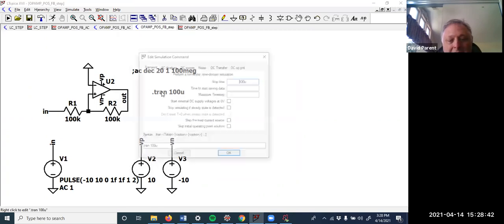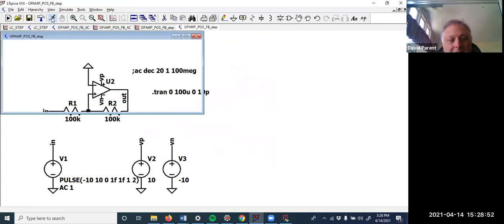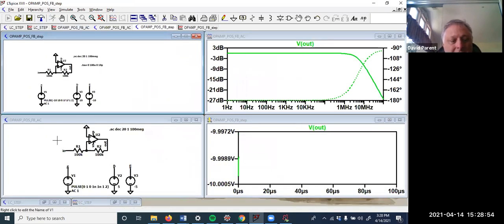I have to play a trick and set the maximum timestep to 10 picoseconds. Let's see if I can see that. It's taking a little bit longer. There we go.